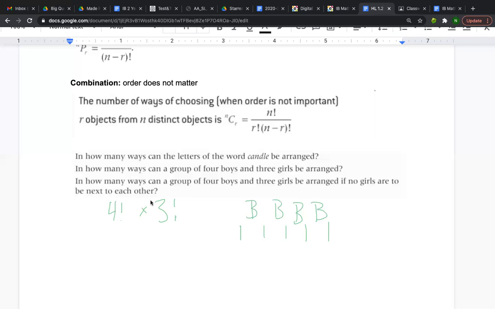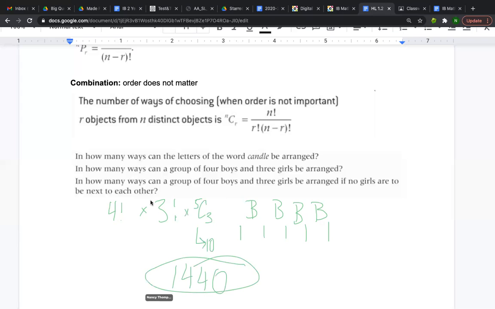So we have the number of options, the places that they could be, 5, combination, and then the number of r objects, how many girls are there? There are 3. So 5C3 is the same thing as 10. So we have 4 factorial times 3 factorial times 10, which is 1440, I believe.